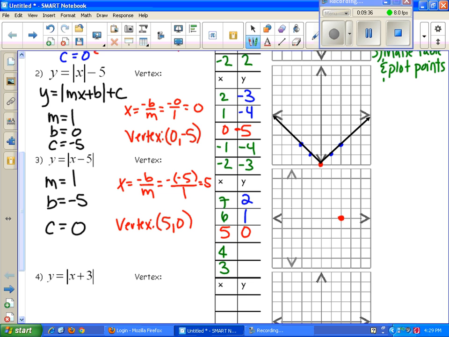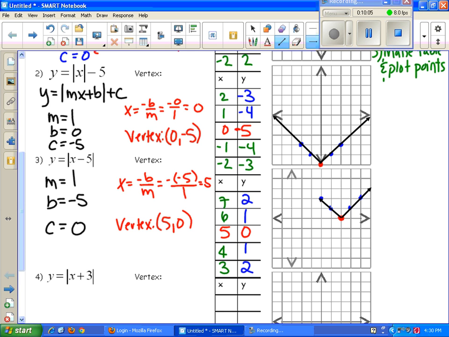If I plug in 4 into my equation, 4 minus 5 is negative 1, the absolute value of that is positive 1. If I plug in 3, I would get 2. So then if I graph this, I have 6, 1, 7, 2, and 4, 1, 3, 2. So now I get my ruler and I'm going to connect the dots and make my V shape.